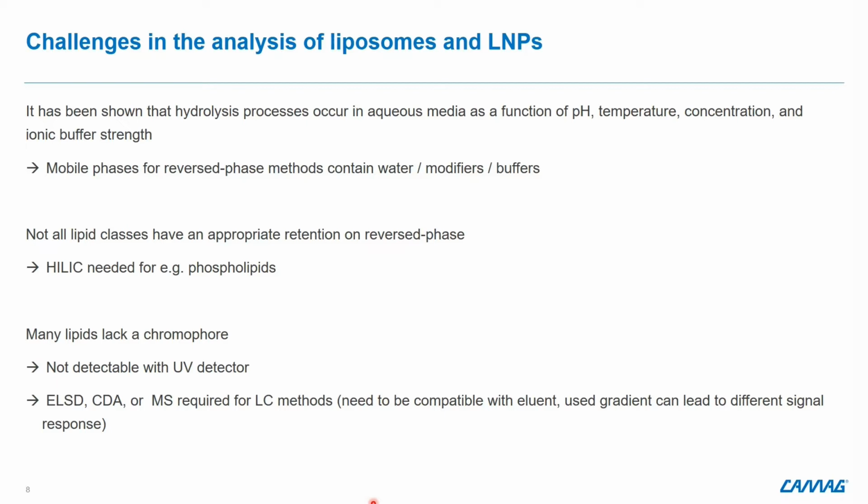Most lipids do not show a response in UV-vis detection, so other detectors or a derivatization is required. The eluent has to be compatible with the detector used for column chromatography, and for gradient elution, different ionization or in general a different signal response can be caused.